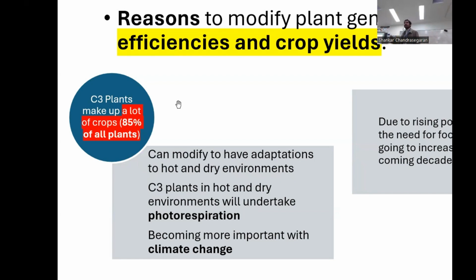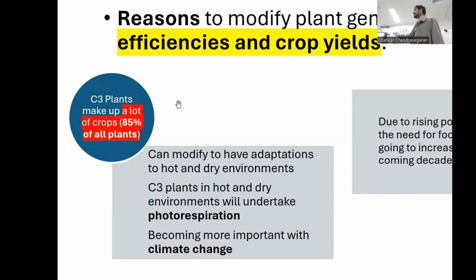They can't do anything about it because as soon as it becomes hot and dry, photorespiration will happen. If it happens long enough, the plants will all die. Even in this environment that we are in right now, if it gets too hot and dry, imagine not as bad as a desert, but something close, the plants around us will die very quickly because they can't do photosynthesis and they are undertaking too much photorespiration, and that causes them to die.